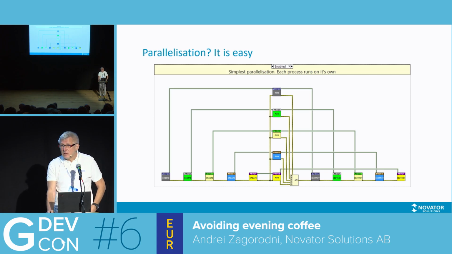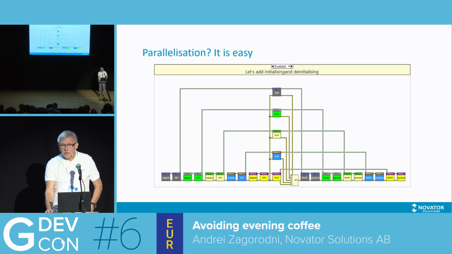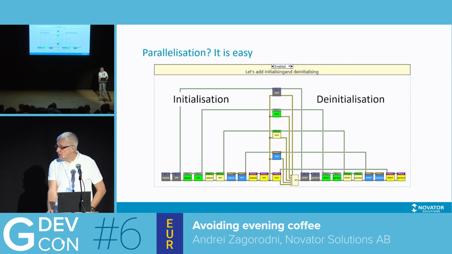When we end our day, we click Stop, and software must execute something more. And because we speak now about initialization and deinitialization of our software, we have here steps: initialize and deinitialize for each unit. So let's call it initialization and deinitialization steps of our execution.